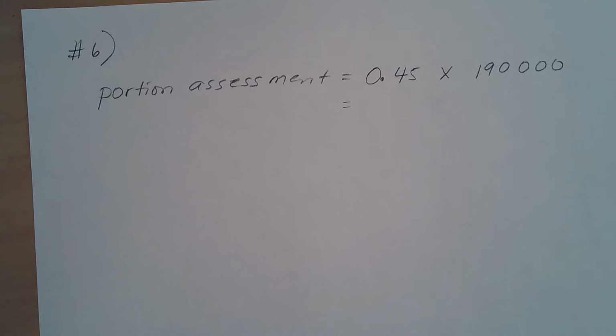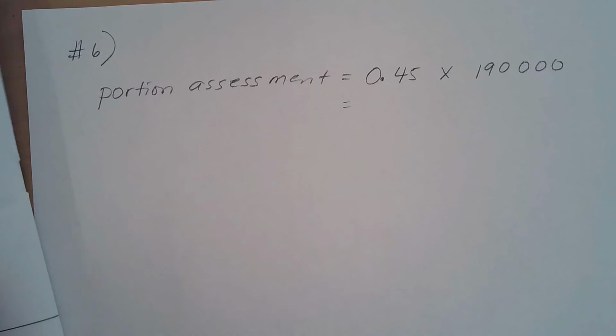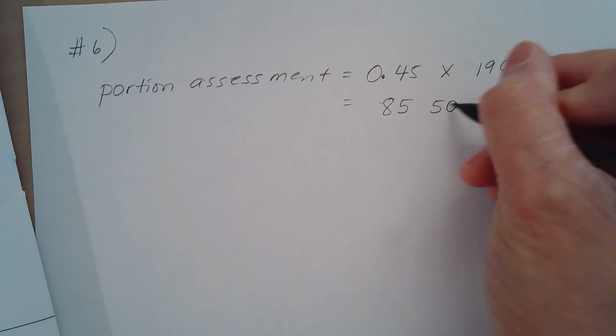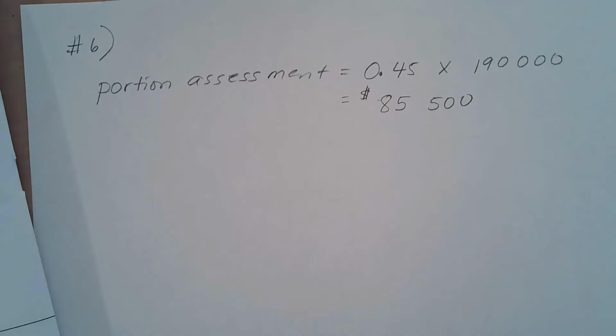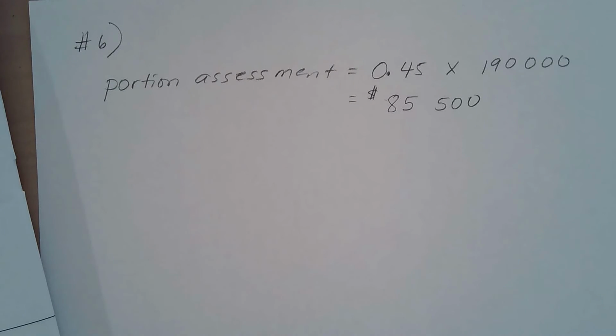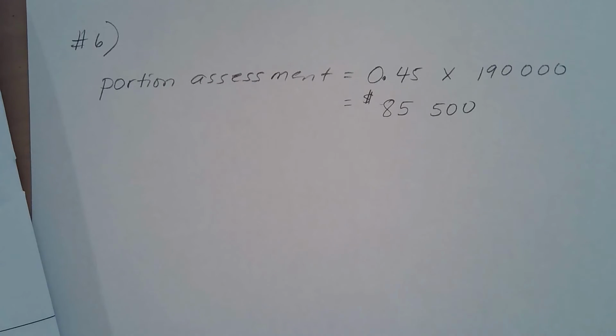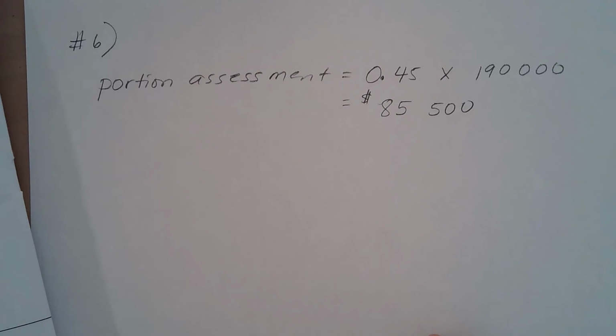Okay, so far so good. Let's do the math. It's going to be 85,500. Okay. I have to show my work and also with a unit to go along with it. Because the assessment is $85,500.